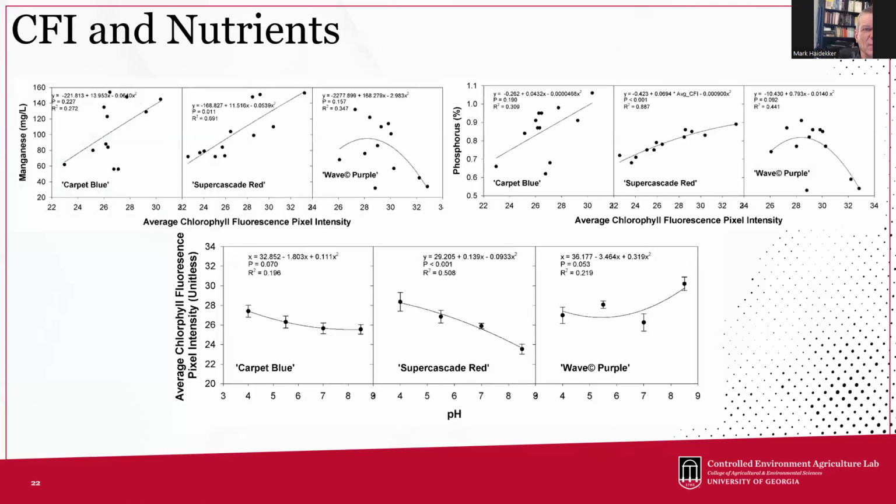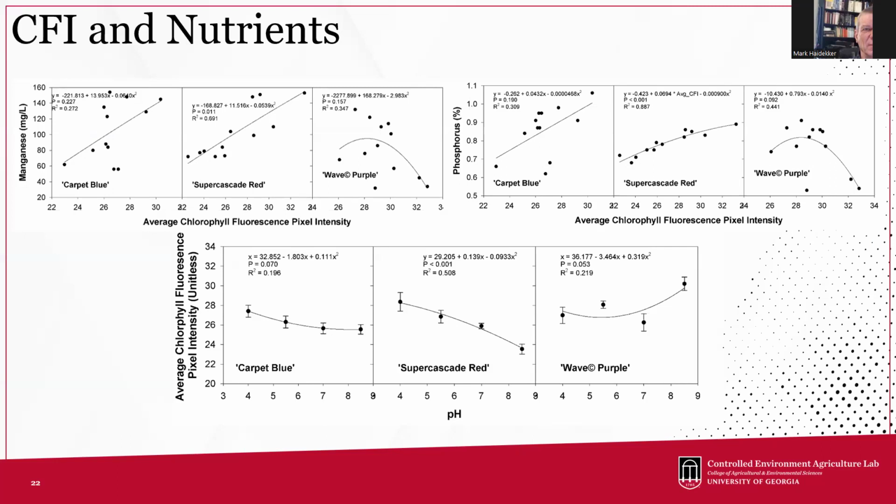So with that being said, we then pivoted over to chlorophyll fluorescence intensity, because as part of the chlorophyll fluorescence image thresholding to segment the plant from the background, we also got that chlorophyll fluorescence index, or just the chlorophyll fluorescence intensity.